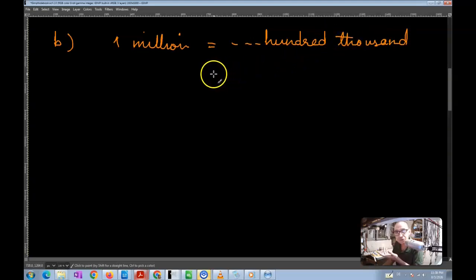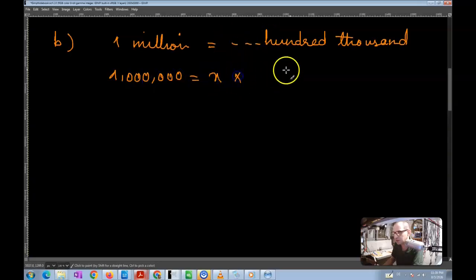Now I can write this in the form 1 million is equal to some number x times 100,000, and then I can use the same relationship that exists between multiplication and division in order to solve this equation.